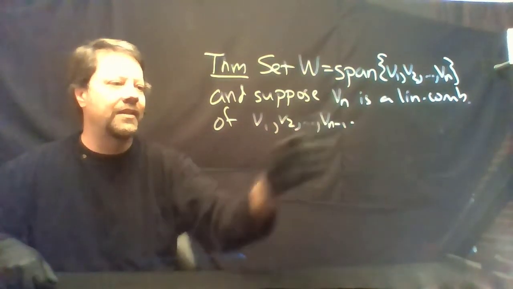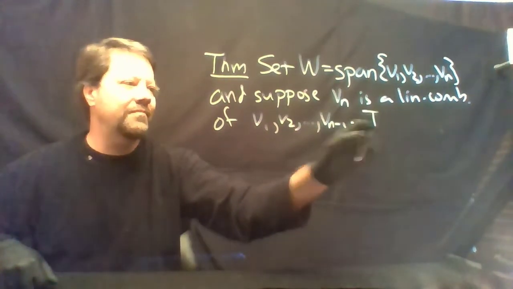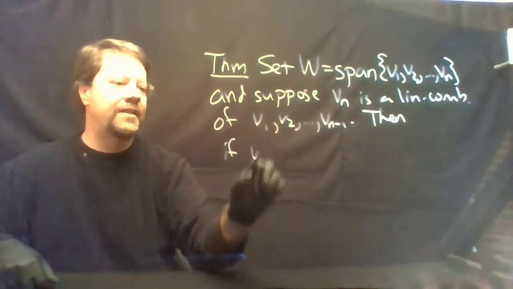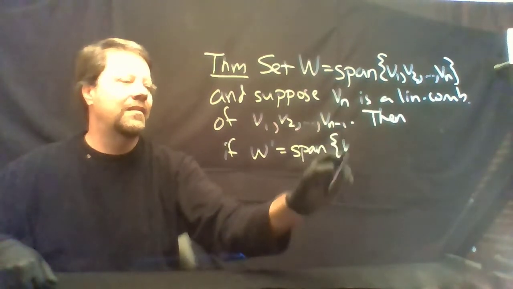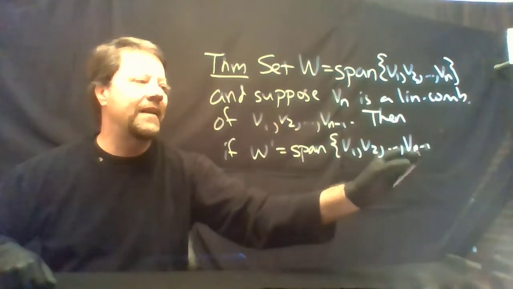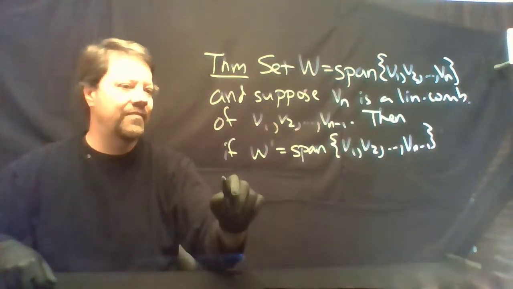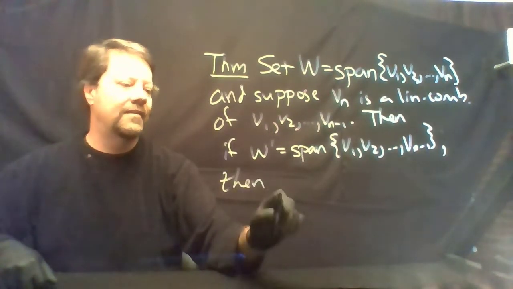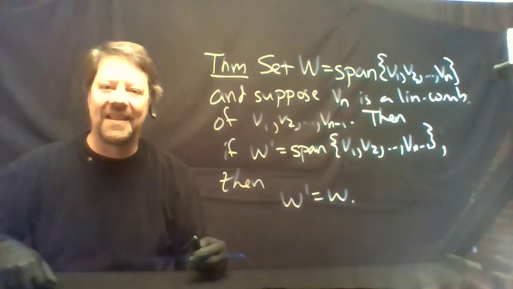We can construct it from these by a simple linear combination. Then if W prime equals the span of V1, V2 to Vn minus 1, everything except for that last vector, then W prime and W are the same thing. They span the same set.